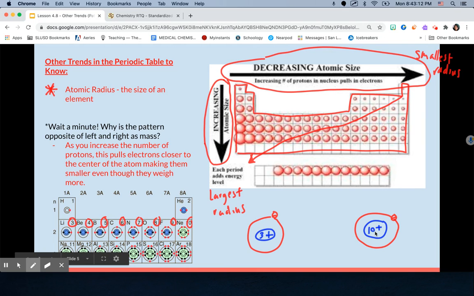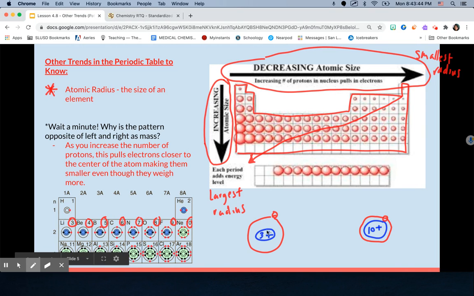So even though neon has more stuff and it weighs more, its magneticness is greater. So rather than it being this size, the positive charge is pulling in tightly all these electrons so that it ends up being smaller, just because this positive charge is greater, right?